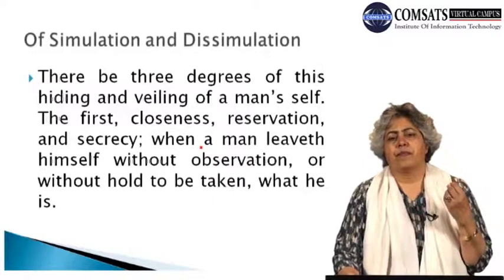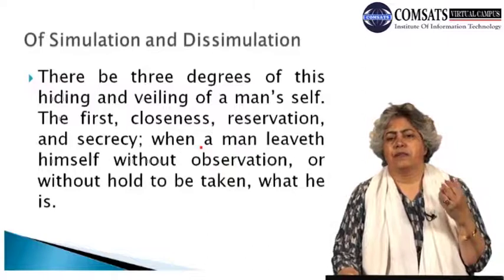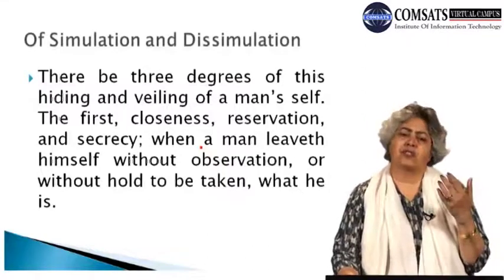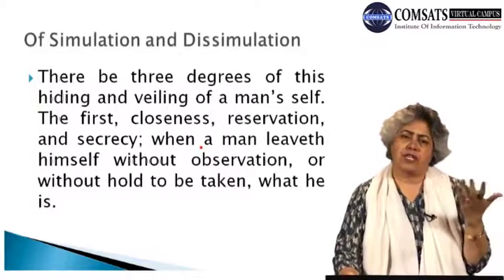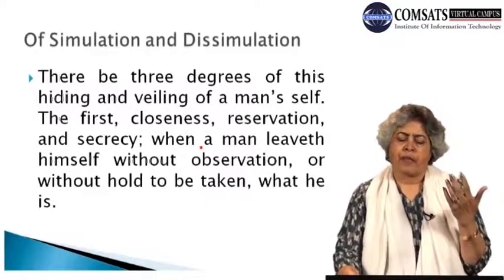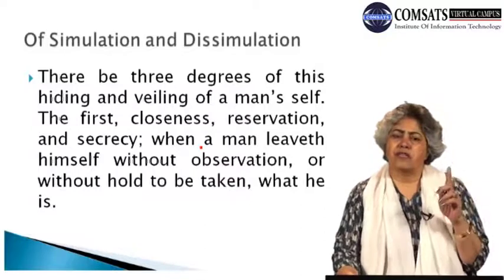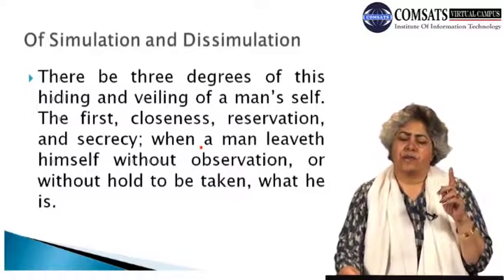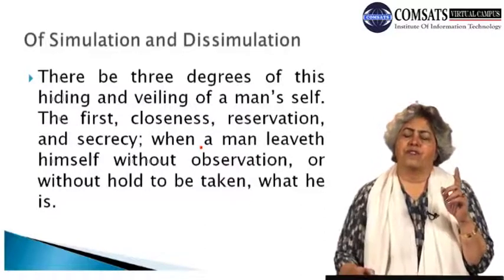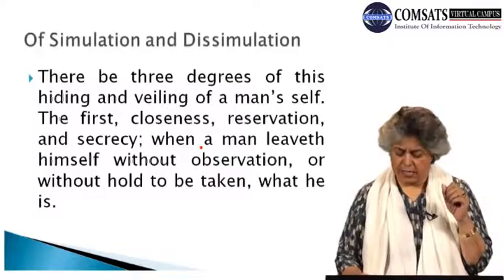So people might be secretive, they might be reserved, they might just not be in the habit of communicating with other people. And that's the first instance or the first degree of hiding.